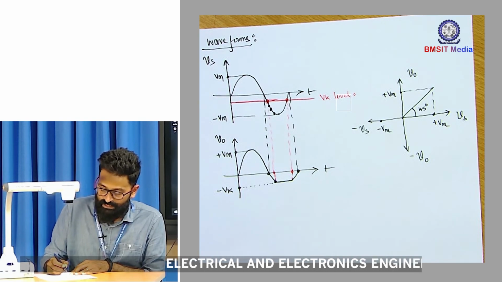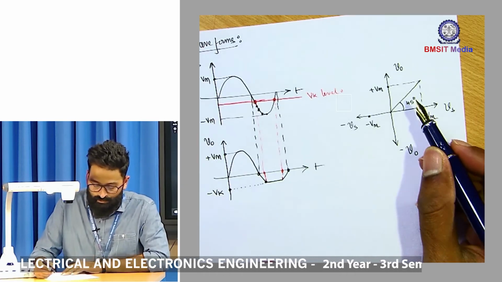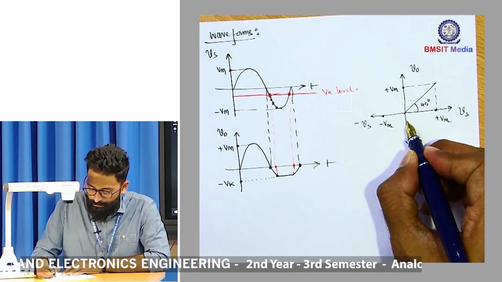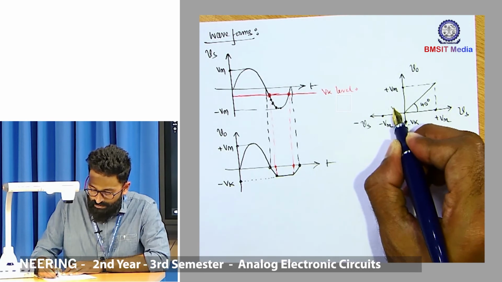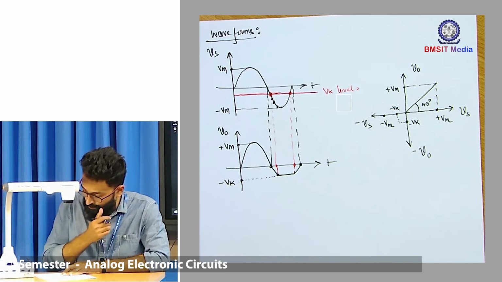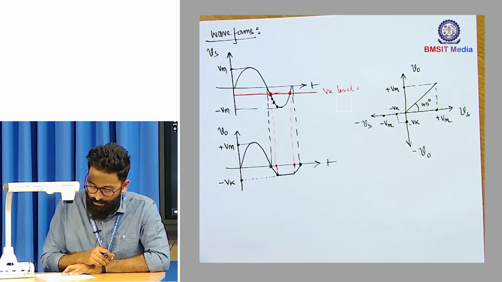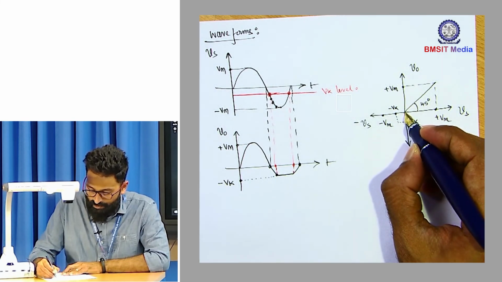And for the negative half cycle, the threshold voltage comes into the picture, so mark the levels accordingly and draw a small Q. As long as the input is less than Vk, output is equal to input.